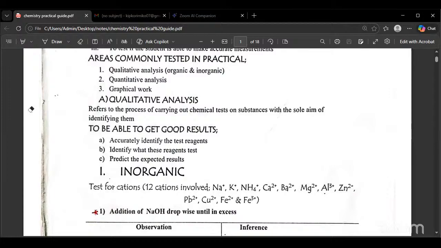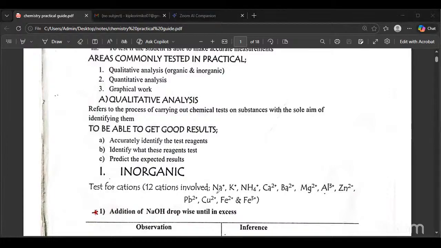So let me help you so that you can understand. So we have sodium ions, potassium ions, ammonium ions, calcium ions, which belongs now to group 2. So this one is the one in group 1, excluding the ammonium, which is of course a radical, but it has oxidation number 1.